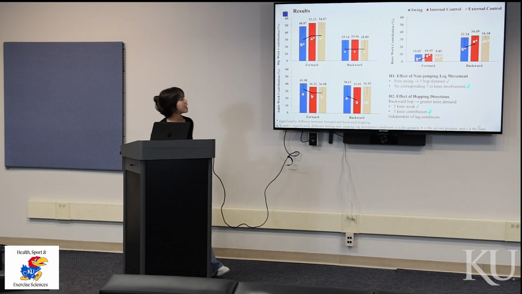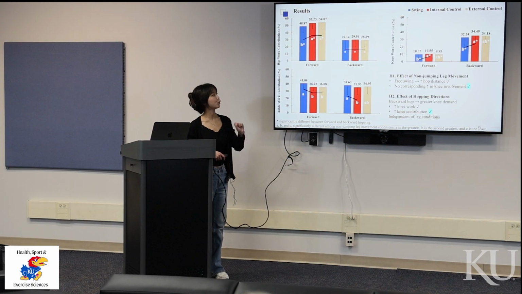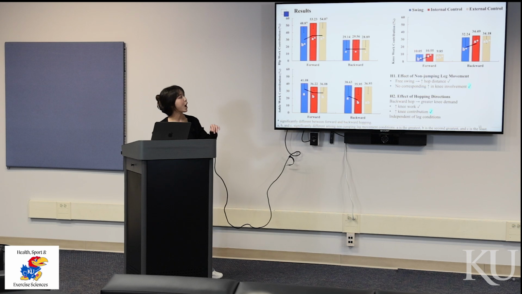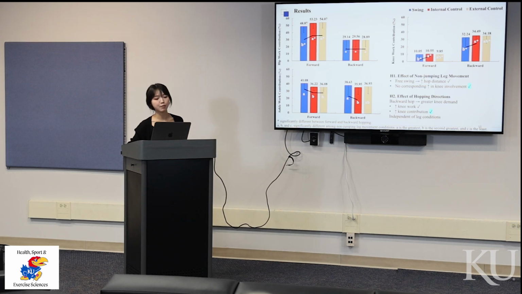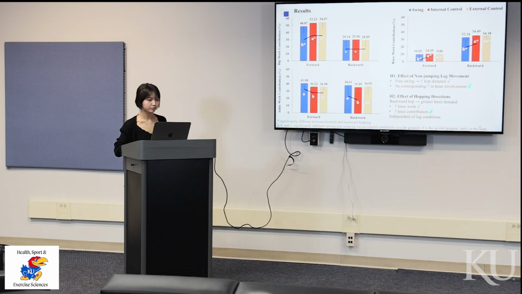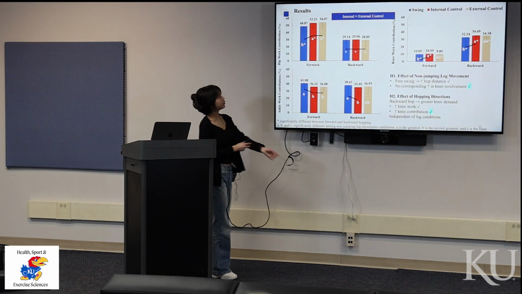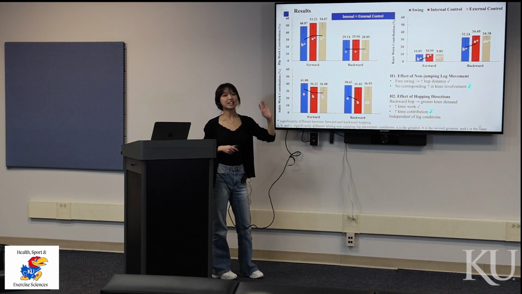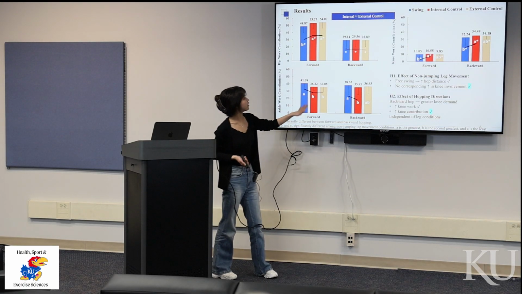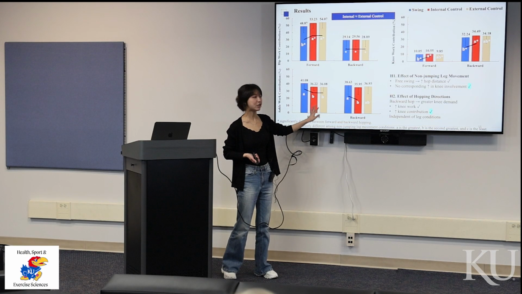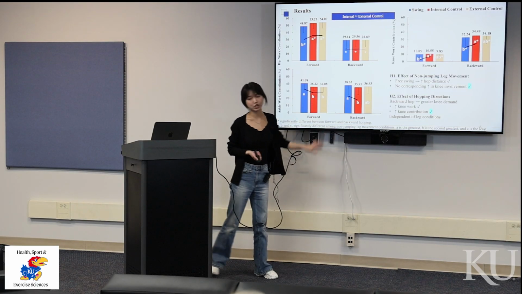And the backward hopping also showed greater knee demands compared to the forward hop. It also supports our hypothesis 2. And then we will look at the difference between the internal and the external control conditions. As well, we can tell there is no significant difference between these two conditions.